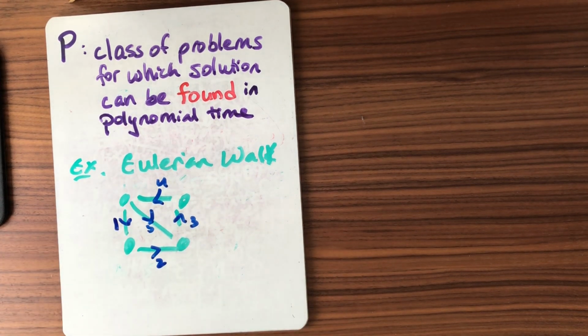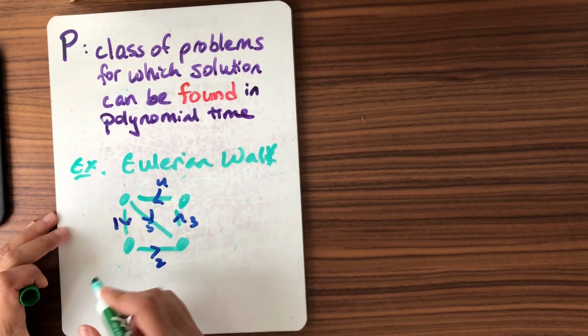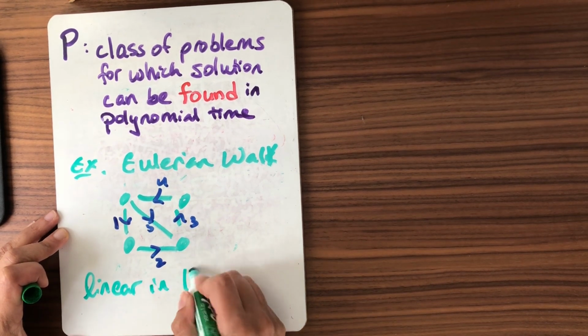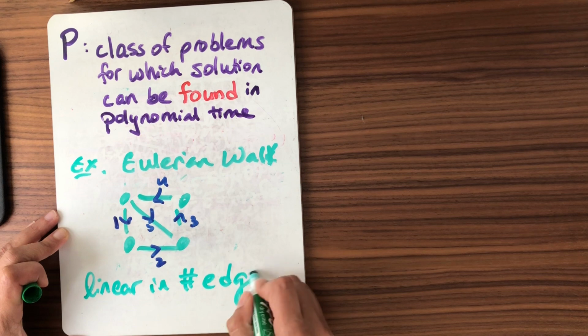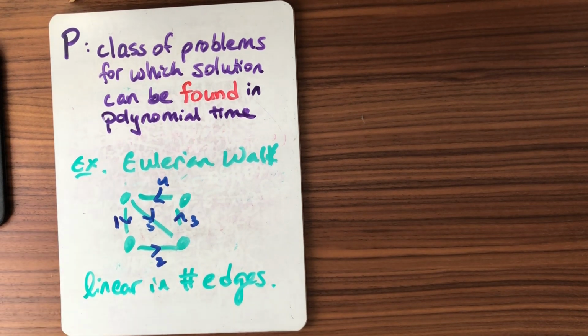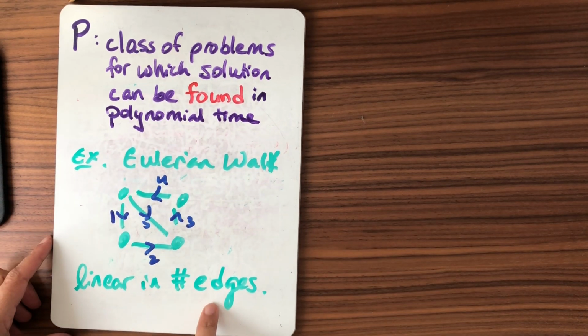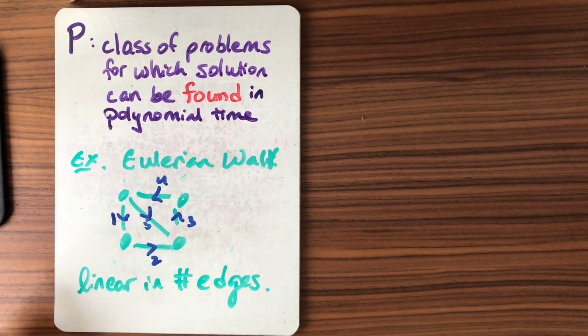It's just not a cycle. So this is an Eulerian walk, and we can find one. We saw that we can find one, and it's actually polynomial. The amount of time it takes is actually linear in the number of edges. So we can find an Eulerian walk easily in the graph, and how much time it takes is just a linear function of the number of edges.